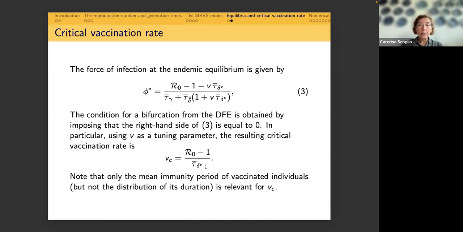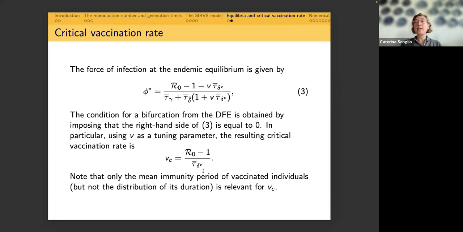It's important to understand here that this critical vaccination rate depends on the mean immunity period of vaccinated individuals only, not the distribution.